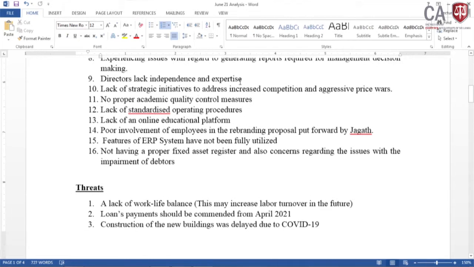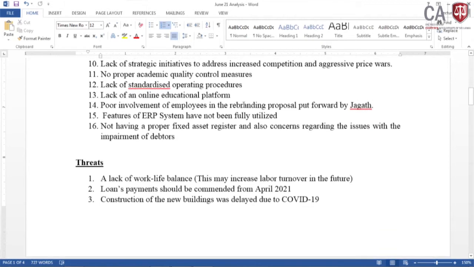The directors lack independent expertise, weakness. Lack of strategic initiative to address increased competition and aggressive price wars. Then no proper academic quality control measures. Then lack of standardized operating procedures.